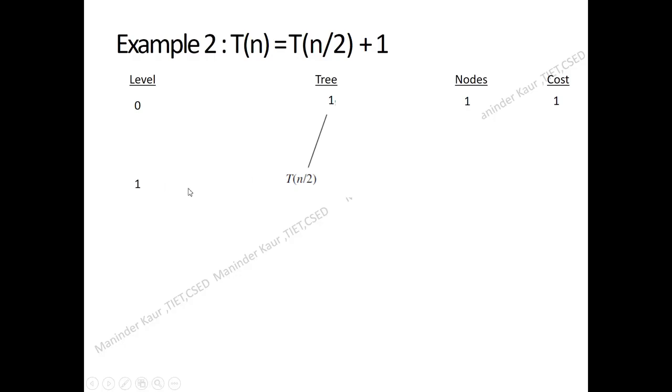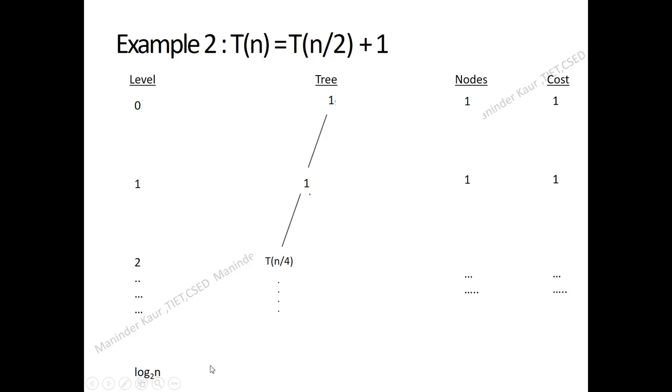At level 1, the number of nodes is 1 and the cost is also 1 unit. Now for T(n by 2), again 1 plus T(n by 4), that is at level 2, and the number of nodes here is also 1 and the cost is also 1. Moving further, there will be log to the base 2 of n levels, because the problem is always reduced to half of the original.